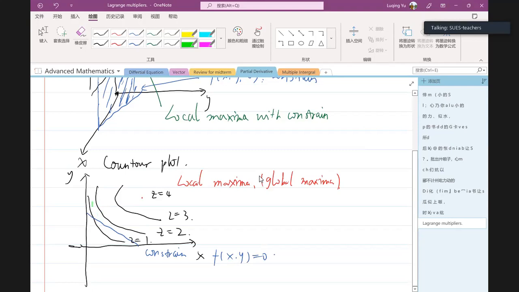So we are trying to find a tangent. Then here is the local maximum with constraint.